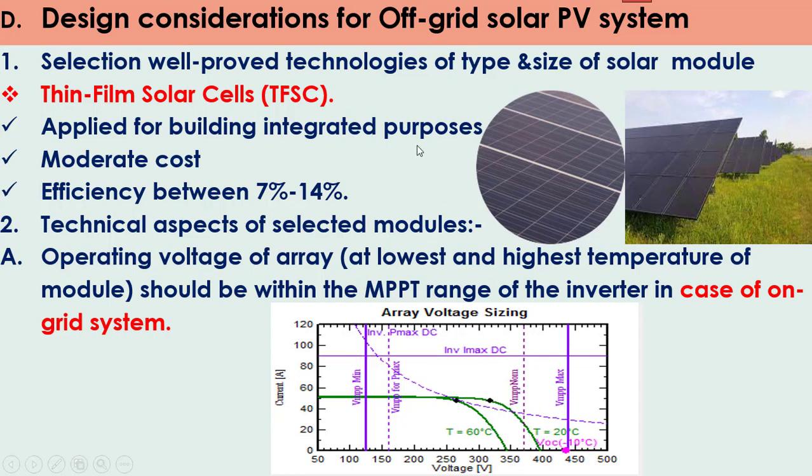Although we are discussing the procedure for the design of a grid, I would like to remark on this notation because there is a related notation in our study. So, as we see, this is the temperature of 60 Celsius, and this is the lowest temperature, 20 Celsius.